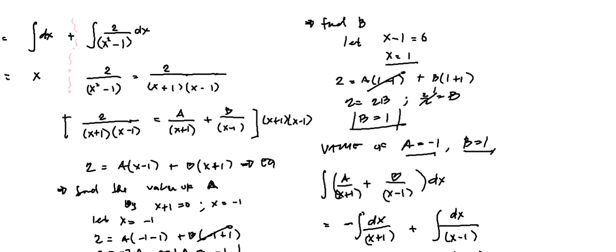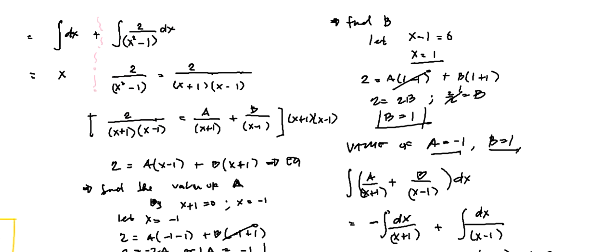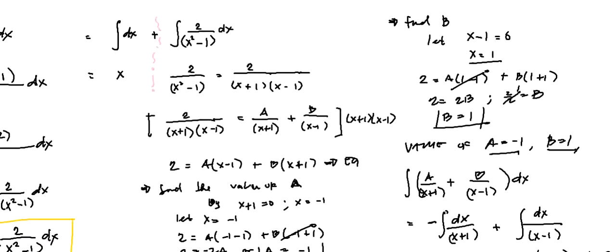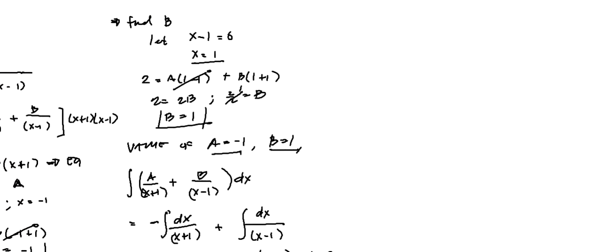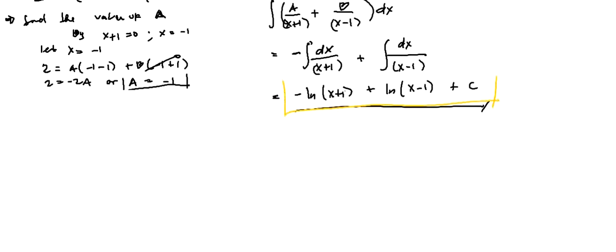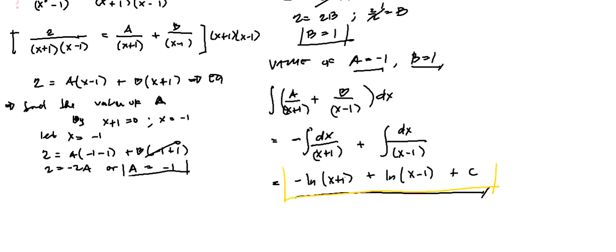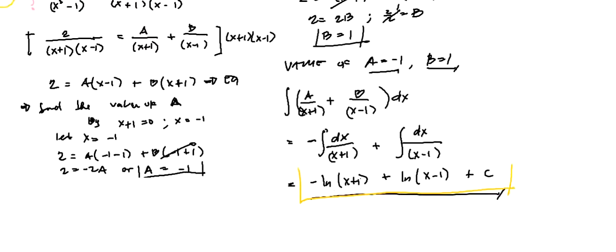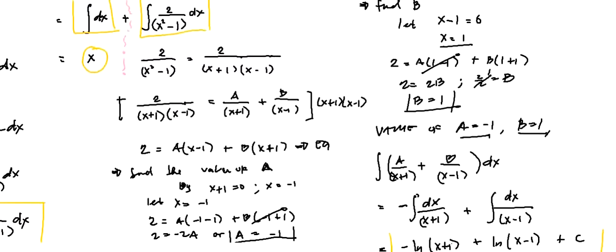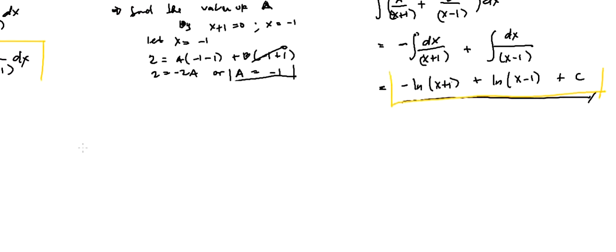Okay, so all in all, we have to add this one, right? Because we have the integral of dx plus the integral of this one. So all in all, we need to add x here. How can we write this? Let's rewrite it first.